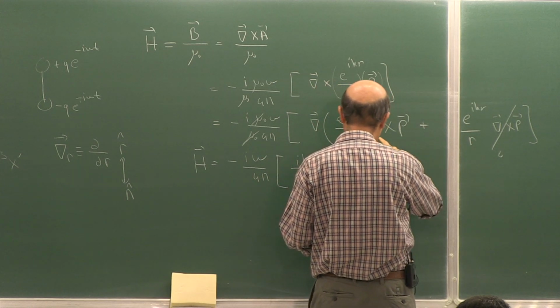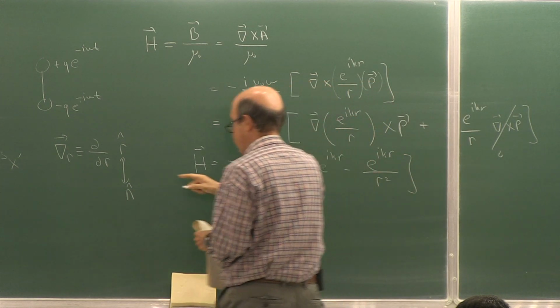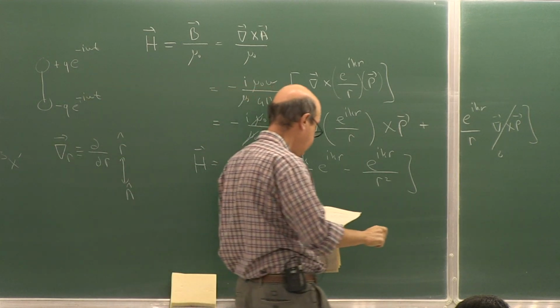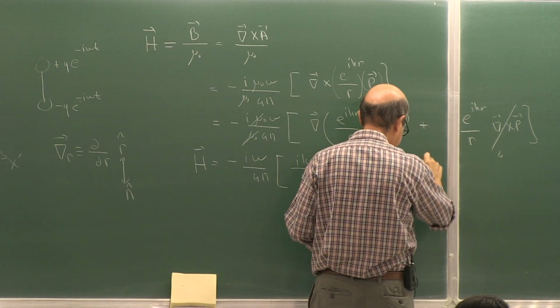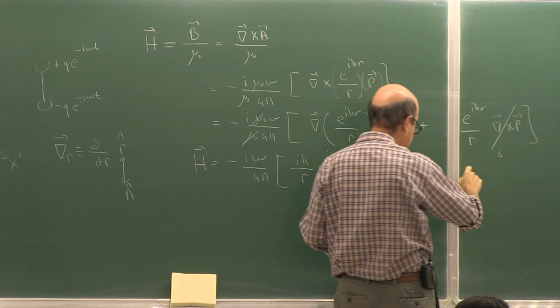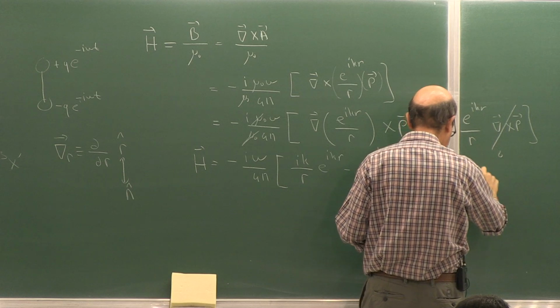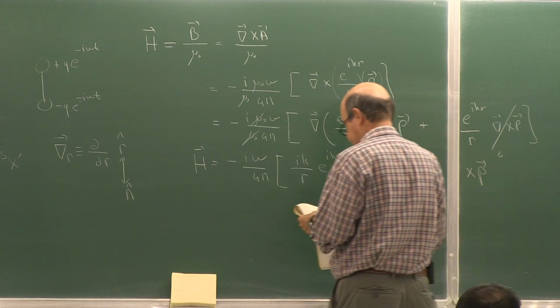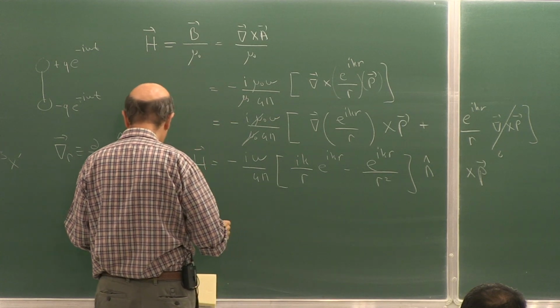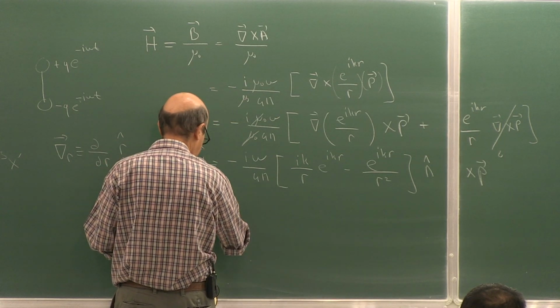R hat is the direction of the gradient, and instead of r hat, I'll write n hat; n hat represents the unit vector along the radial direction, cross product electric dipole moment p. So if you arrange the terms, you are going to obtain the following.